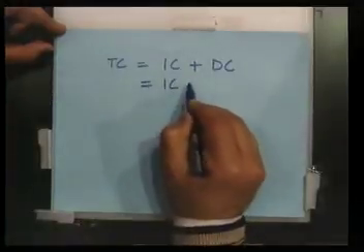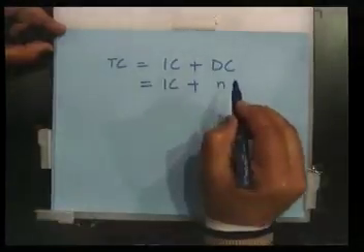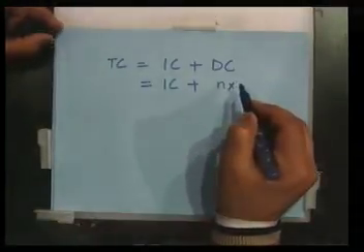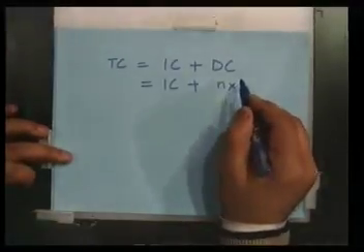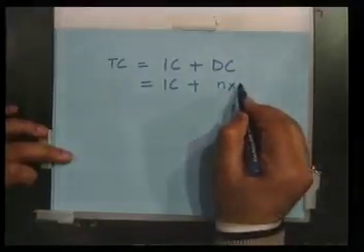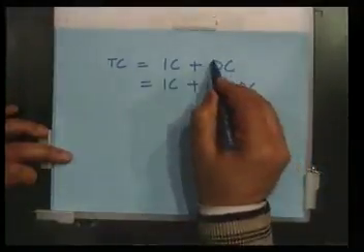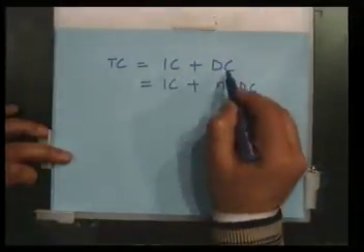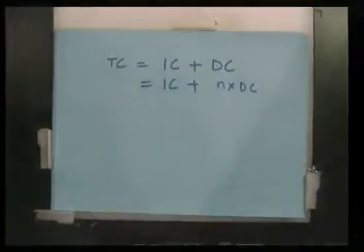Total cost TC is IC plus n times DC, the sum of indirect cost plus direct cost, right.